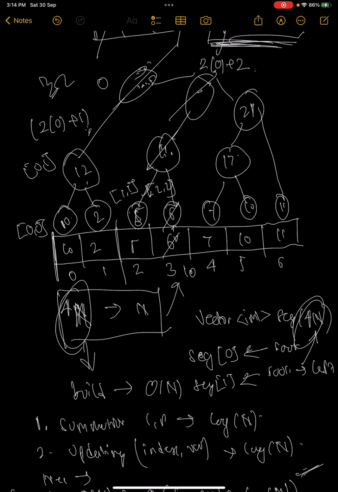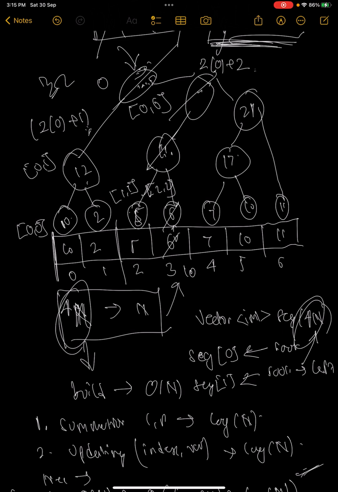Okay, so for the update operation, the time complexity is approximately log n, and whenever we are doing a query, let's say we are querying from 0 to 3, we first go towards the node and see what the range is. This node represents the summation from 0 to 6.